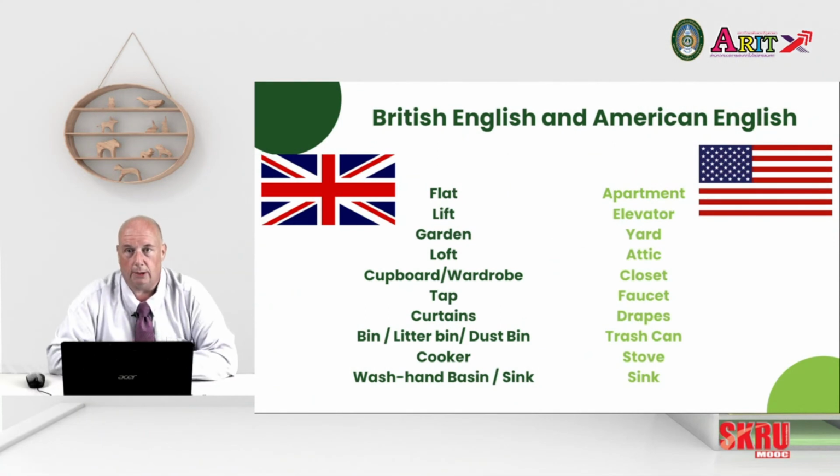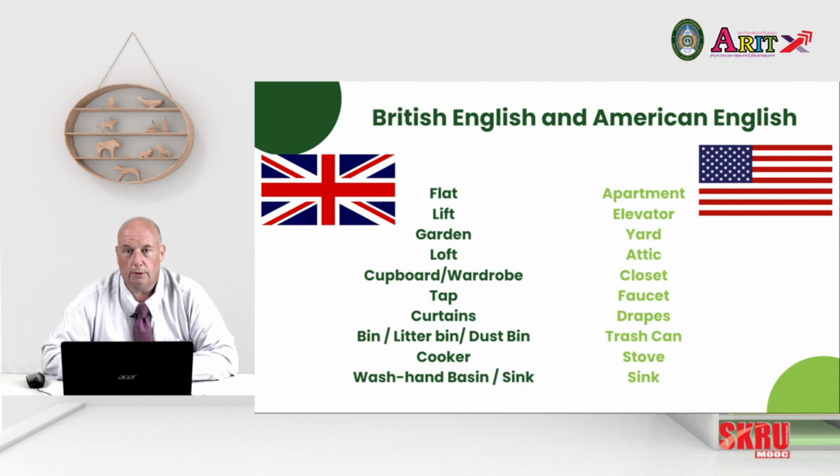Flat. We already mentioned a one-bedroom flat or a one-bedroom apartment. The lift or the elevator. A garden. That the house had a huge walled garden. We have a huge walled yard. And we might have a front yard, backyard.